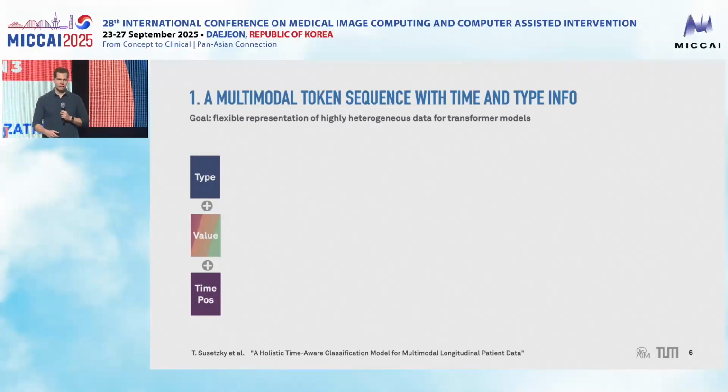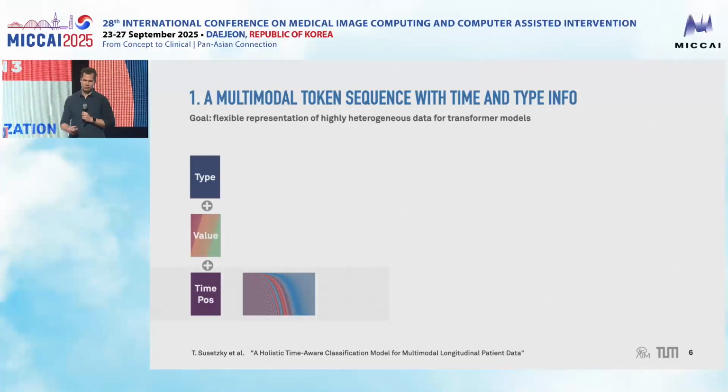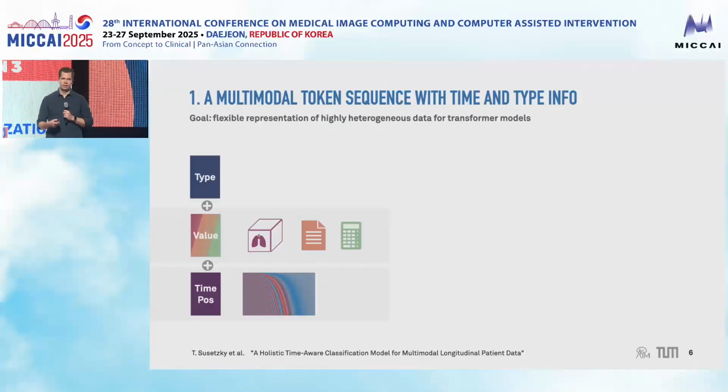We use relative temporal and positional features to construct a sinusoidal embedding, but in a multidimensional way. For the value, we leverage external pre-trained encoders for imaging and text so that we can obtain semantically meaningful embeddings. For numerics, we use Fourier features.